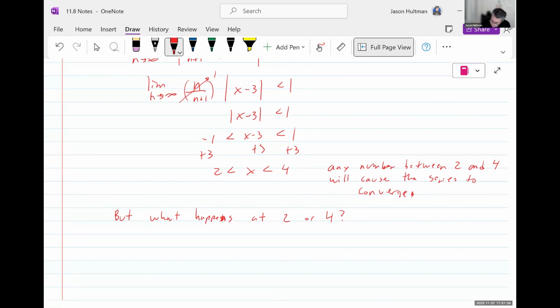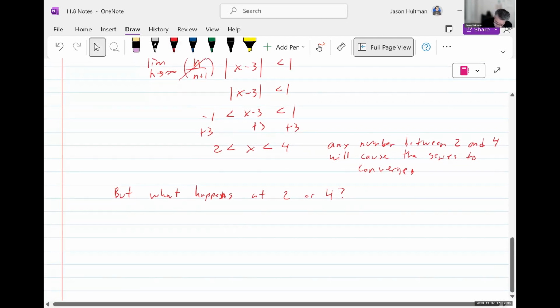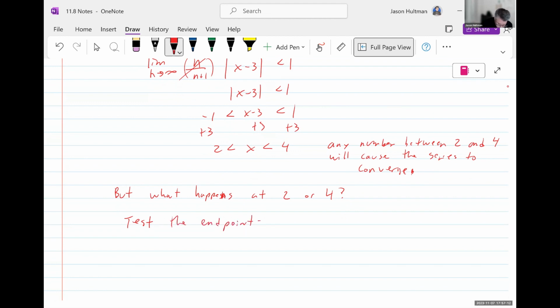If I test the endpoints and plug back in, this is x minus 3, so (x minus 3) to the n over n, when n is equal to 1 to infinity.